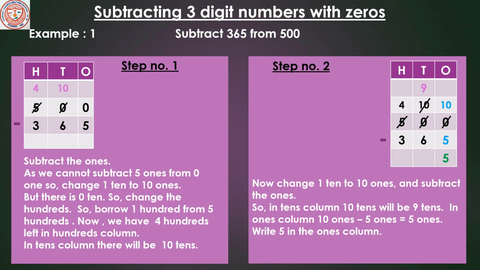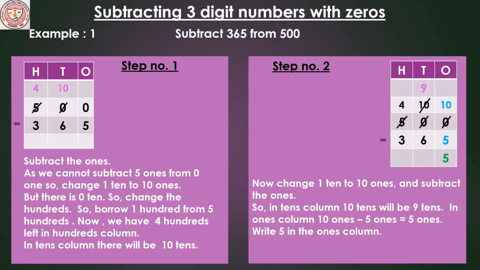Now, we can borrow 1 ten from the tens column, because there are 10 tens. It means we can change 1 ten to 10 ones and subtract the ones.